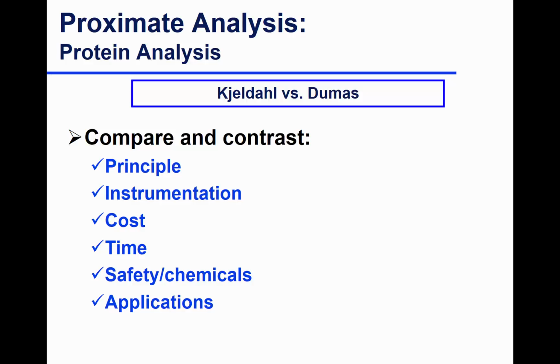With that, we talked about this a little bit, but let's go point by point here. Compare and contrast principle. Somebody let me know what's similar and what's different between the two methods. Claire? They're both similar because they measure the amount of nitrogen. Yeah, what's the difference? Monique? Dumas is a combustion method.